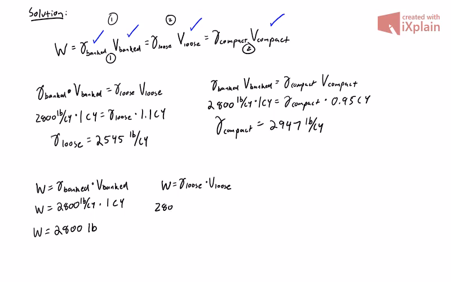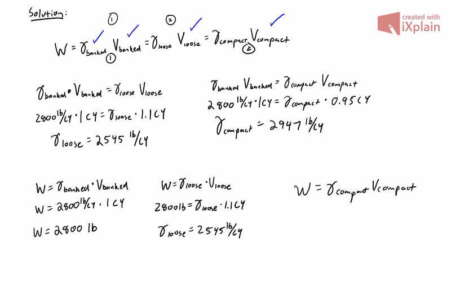And hey, look at that, 2,800 pounds is equal to the loose specific weight times 1.1 cubic yard. And if you divide through, you get the same answer of 2,545 pounds per cubic yard. And you can do the same thing setting it up with compact, right? So that's two ways to go about doing these problems.